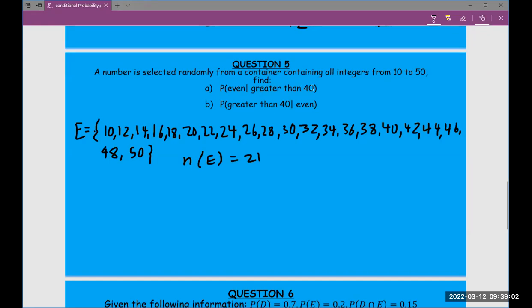You need numbers greater than 40. So write out a set of numbers greater than 40. Use a letter to represent that, greater than 40.